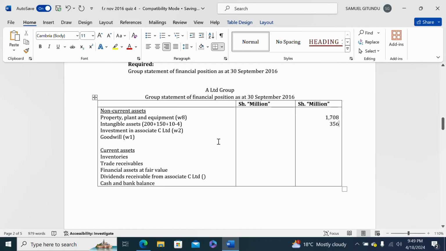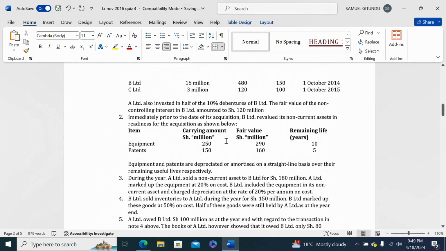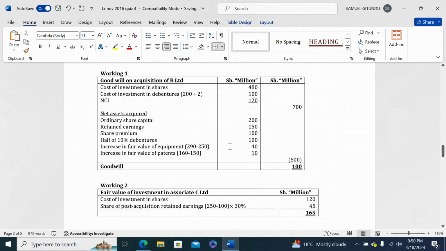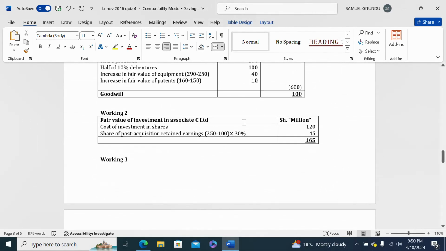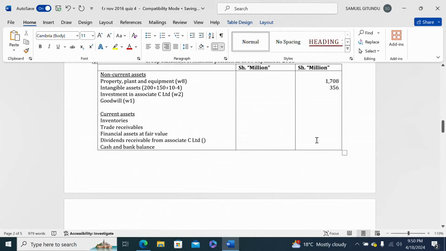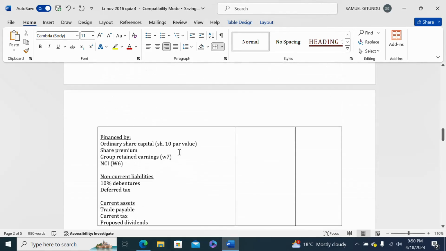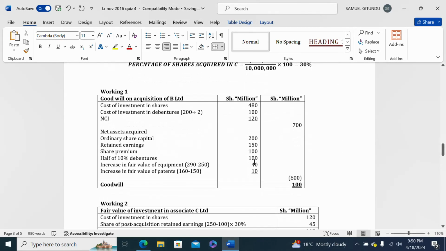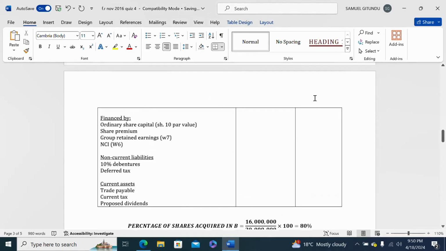Then we go to the investment in associate. The investment in associate, we had done this in our working note number 2, and we got 165. Then goodwill, we had done in our working note number 1, which we got 100 million.